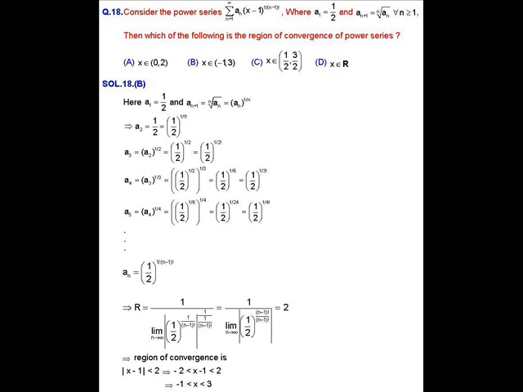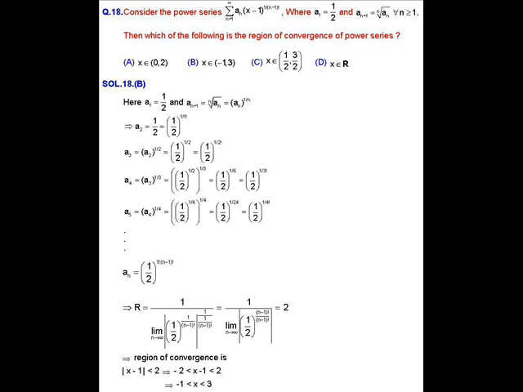Here we have a power series and we have to find the region of convergence for this power series. So for it, firstly we have to evaluate the radius of convergence of the power series. Now we know if the summation, n varying from 1 up to infinity, of an times (x minus x naught) raised to n is a power series, then its radius of convergence r is equal to 1 upon limit n tending to infinity of mod of an, whole raised to 1 by n.